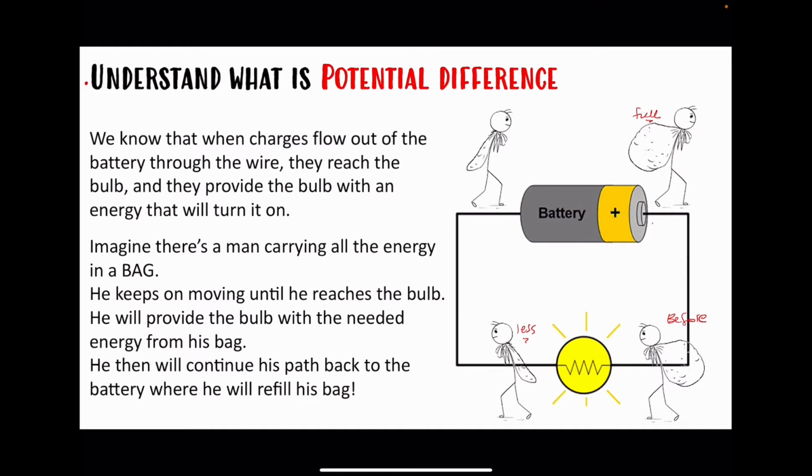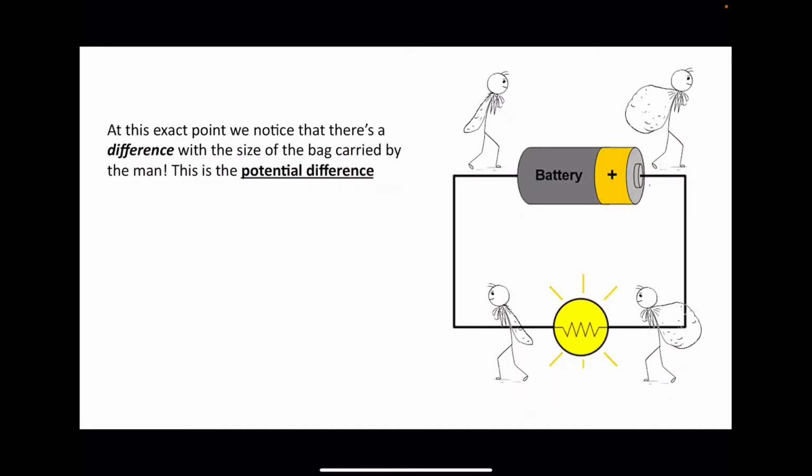And so if you think about it, if we branch the voltmeter before, the voltmeter will give us a very large reading in volts. But if this voltmeter was branched after, it will give us a different, smaller reading in volts. So how can we then measure how much energy, how many volts, he needs?